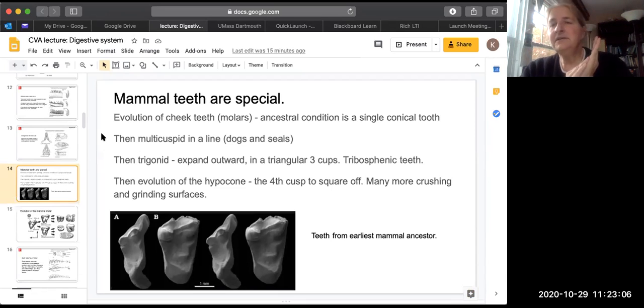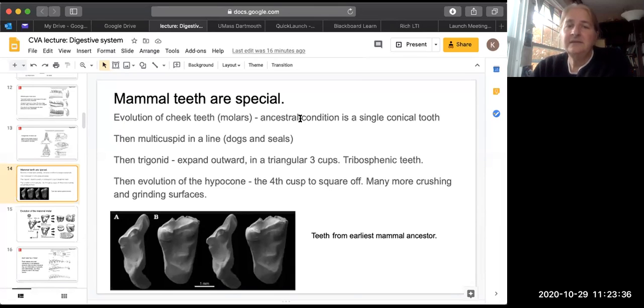But in the evolution of the mammals, there's a lot of diversity in mammal teeth, and I'm going to talk about how that came about. So in the mammals, we have the evolution of molars.